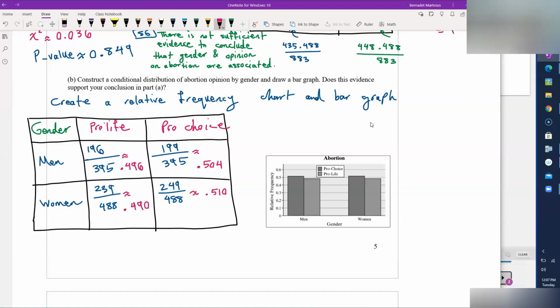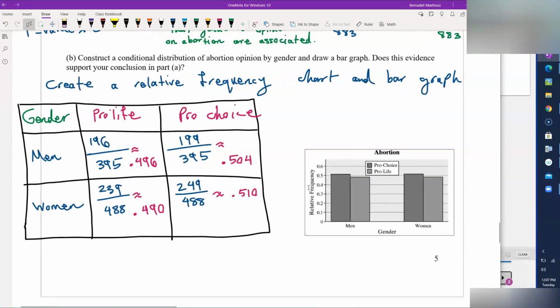So in case Pearson asks you to draw this, for example, for men pro-life, here we have pro-life and pro-choice. This color is pro-life for both men and women, and pro-choice is this color.